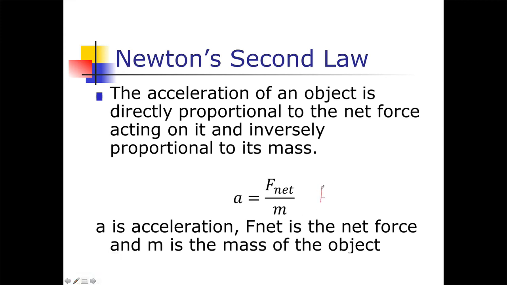Net force equals mass times acceleration. Why do we say net force? I'm going to come to that in a moment. If you see a table, for instance, you are pushing the table with 10 newtons of force in this direction. Your younger sibling is pushing the table with 5 newtons of force in this direction.